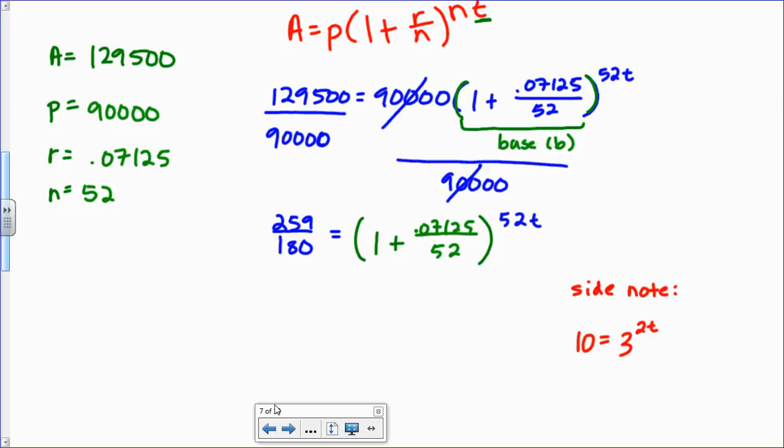So to get to the 2t, I need to get rid of this base 3. So I have to do log base 3 of both sides so I could get that to cancel.